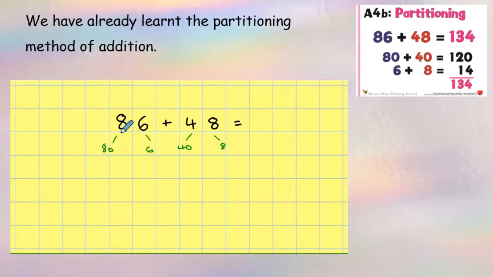Then we label the column headings tens and ones and fill in the numbers 80 from the first two-digit number plus 40 from the second two-digit number. Next we add the ones numbers, making sure we line up the columns.